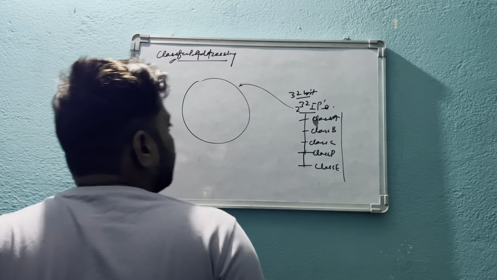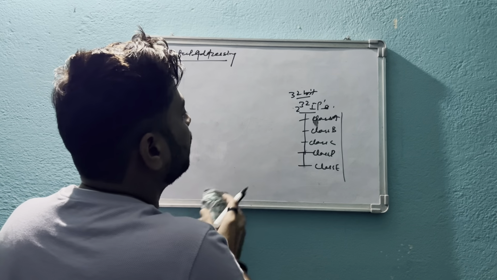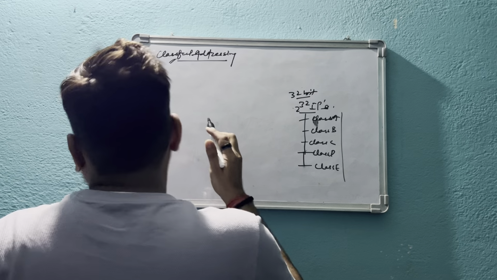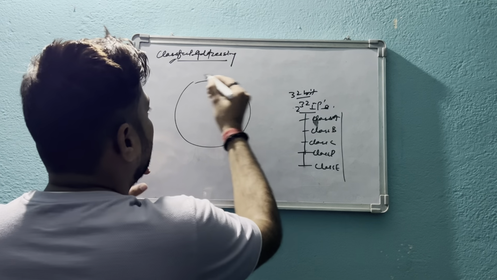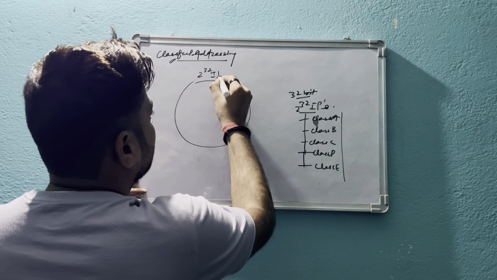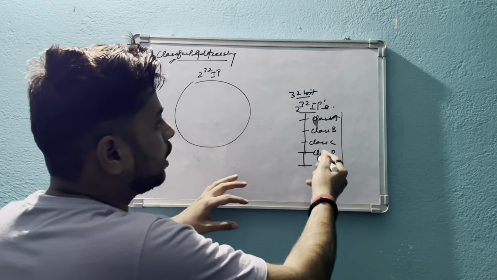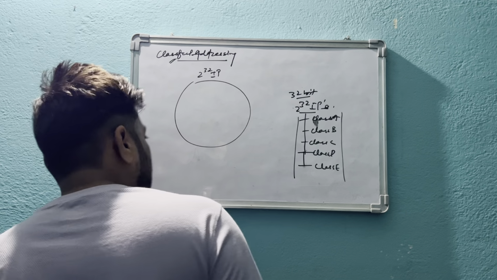So let's say it represents 2 to the power 32 IPs, and I would like to classify it into different categories of class A, class B, and class C.